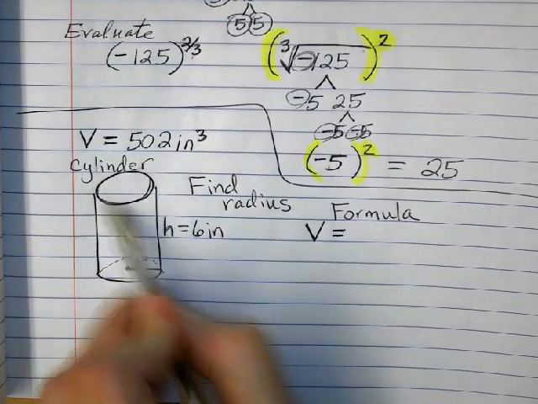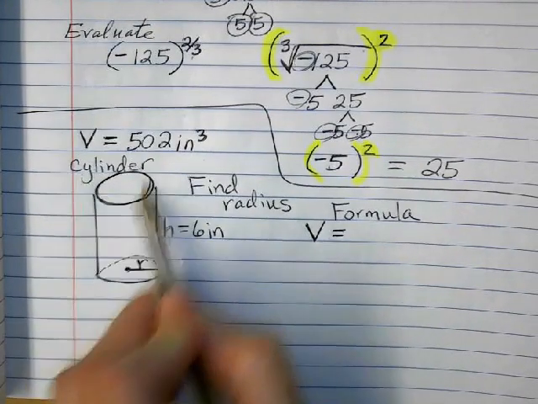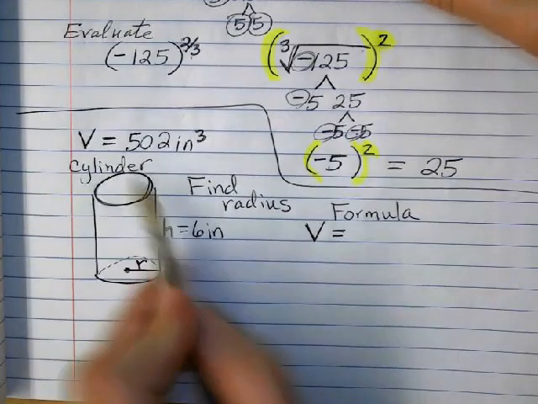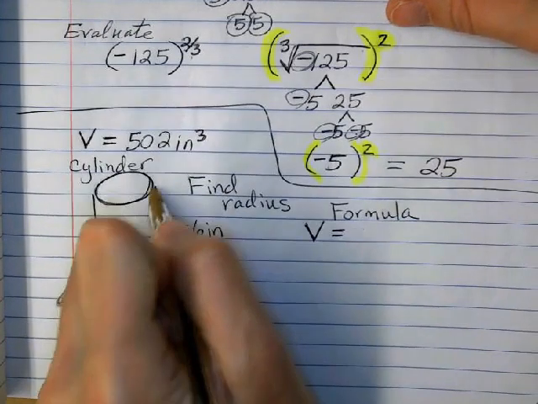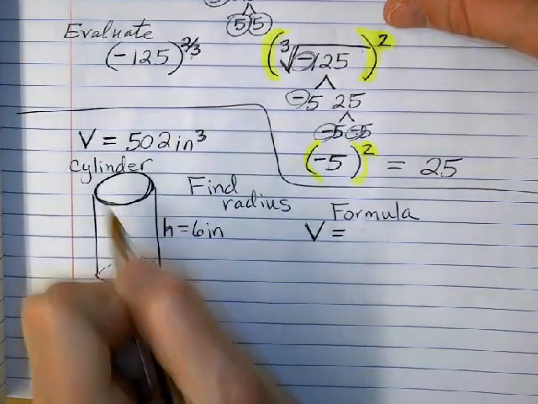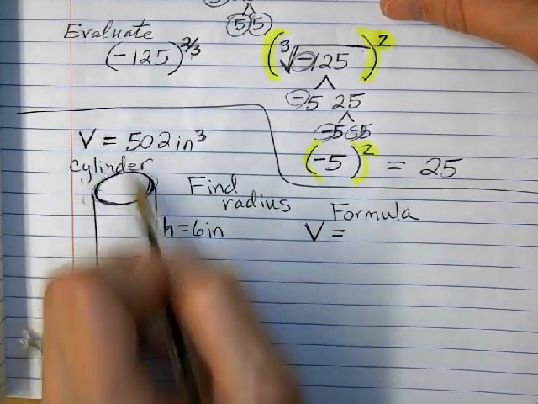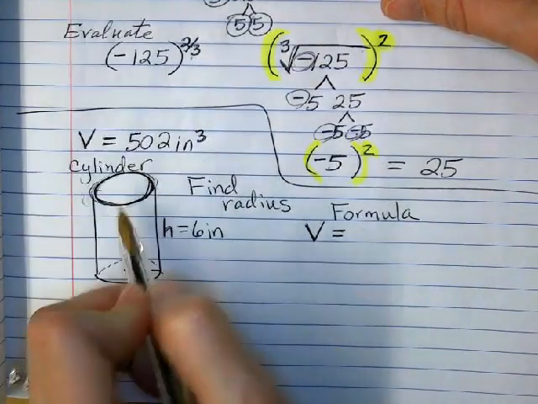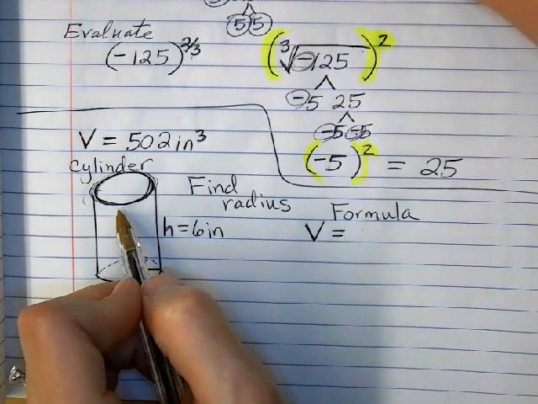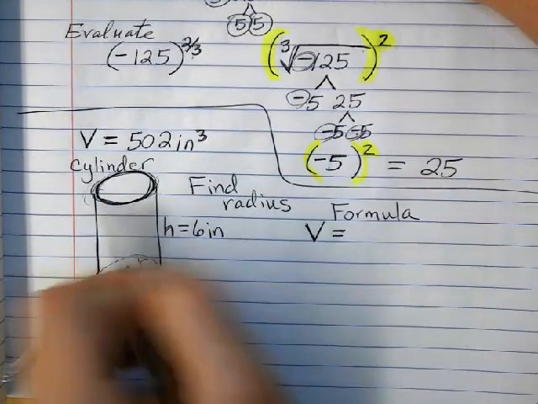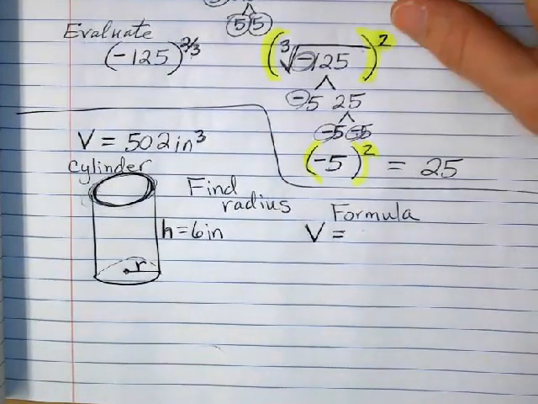So what's the formula for area of a circle? You guys know the formula for area of a circle? That's easy, you guys. No one knows how to find the area of a circle?